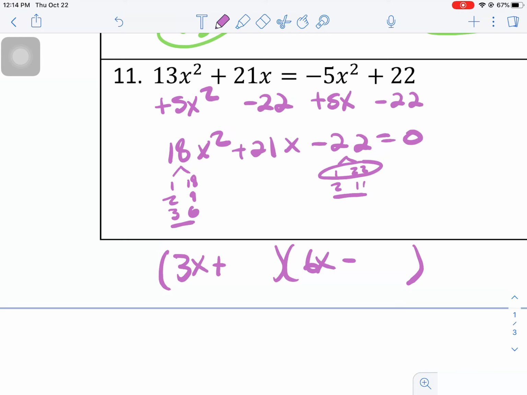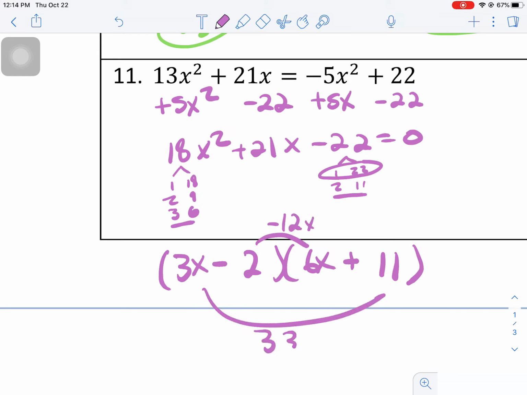And then I said I was going to work with 2 and 11. Well, I guess if we went 11, 66 is probably too big here. So let's switch this. Let's go minus here and plus here. Let's put an 11 here, gives us 33. 2 gives us negative 12, so negative 12x, 33x, what does that give us? 33 minus 12, is that 21?